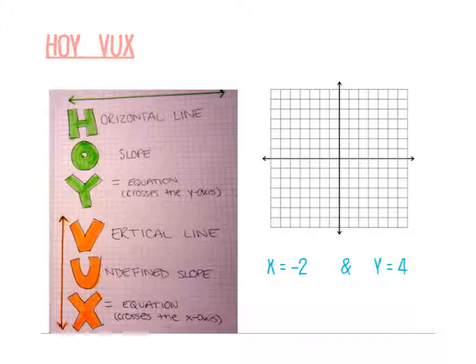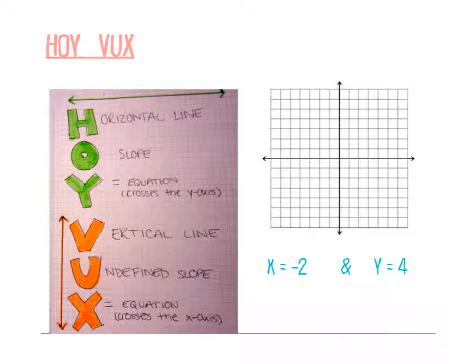There's a couple special types of lines, and those are your horizontal and vertical lines. They're supposed to be easy. When you look at these equations, they look super easy, but sometimes that super easy stuff is different, and then we forget what it means. HOIVUX is just a little acronym to help you remember, when you come across something like this, what's horizontal and what's vertical. Your teachers in previous years maybe have taught you HOIVUX, maybe not, but it's just an acronym.